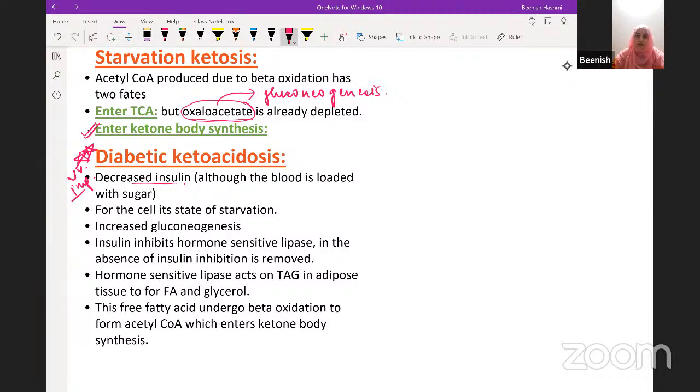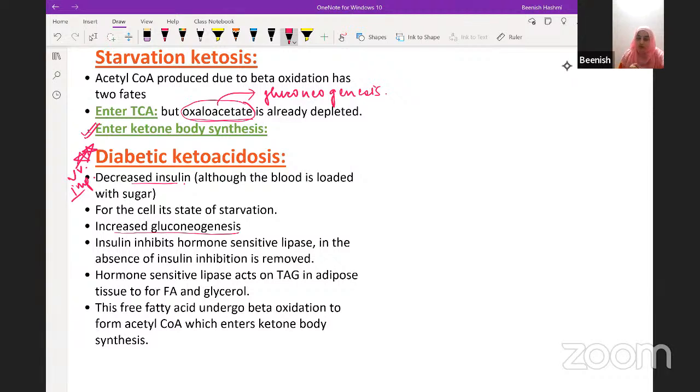The cell will try to increase the synthesis of glucose, because no matter how much glucose is present in the blood, as long as it is not entering the cell, the cell is not able to enjoy the benefits of the glucose. So for the cell, it is in a state of starvation and it will try to up the level of glucose. So it increases its gluconeogenesis. It is kind of worsening the situation.